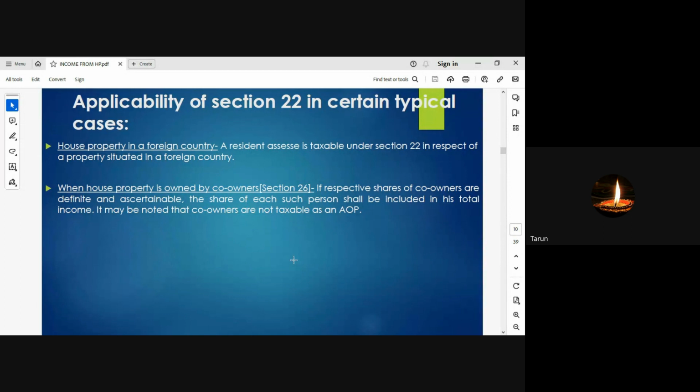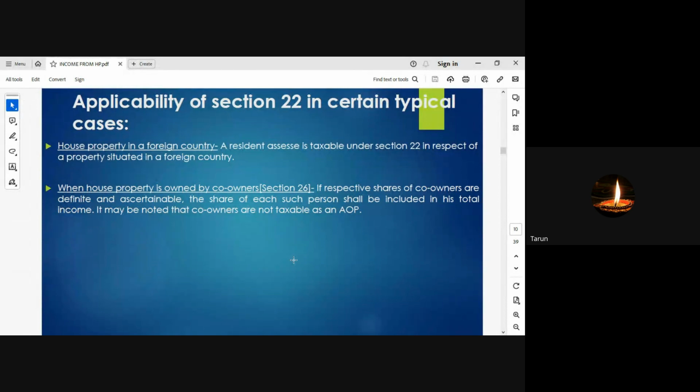section 26. If the respective shares of the co-owners are definite and ascertainable, the share of each such person shall be included in his total income, and it may be noted that co-owners are not taxable as an association of persons.